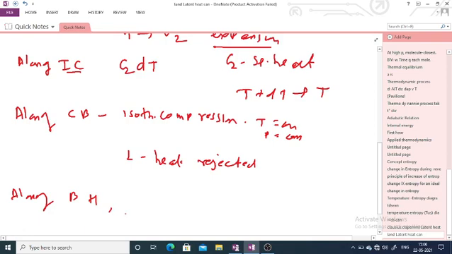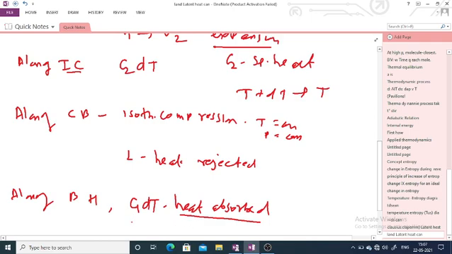Now here the substance will be moved from B to H. So here C1 dT is the amount of heat absorbed. What happens?